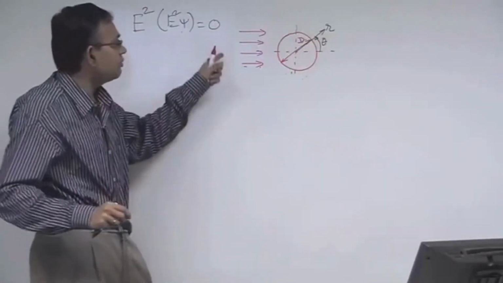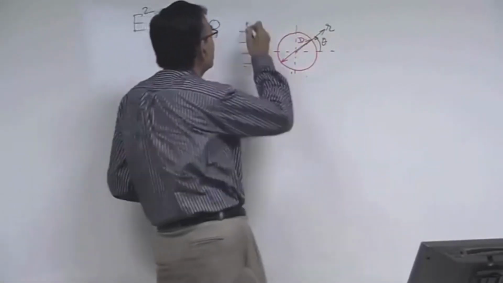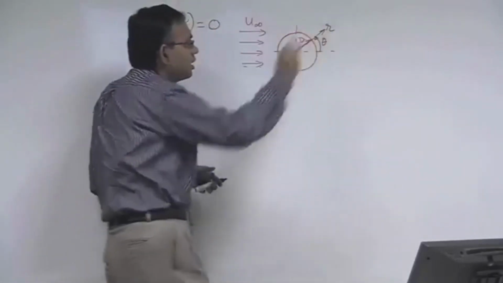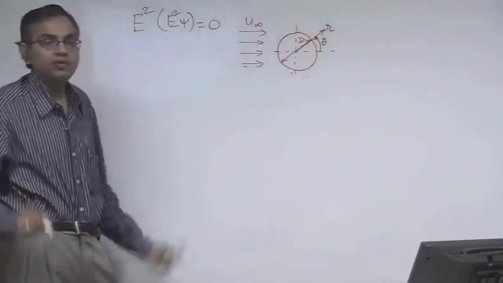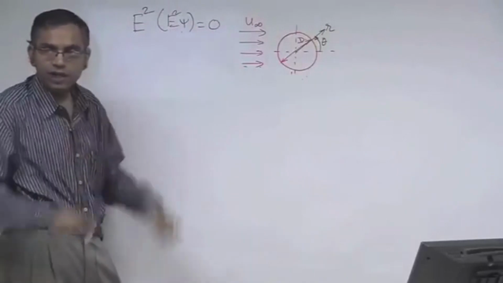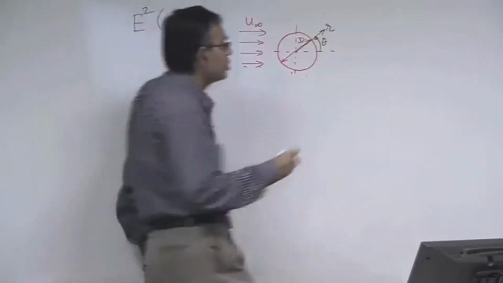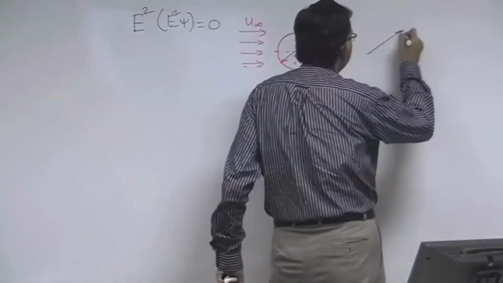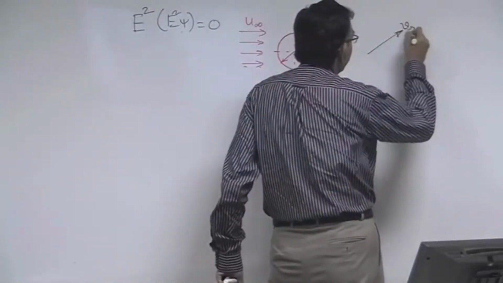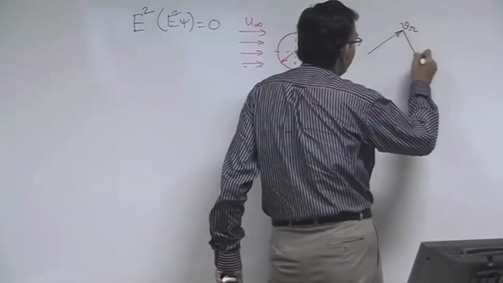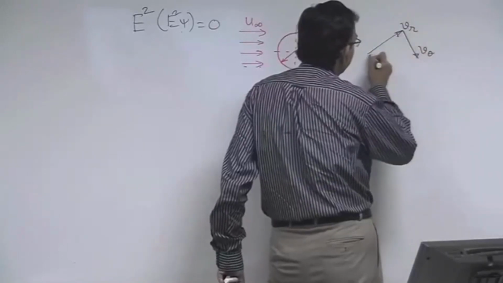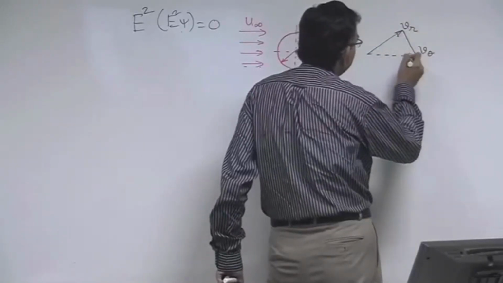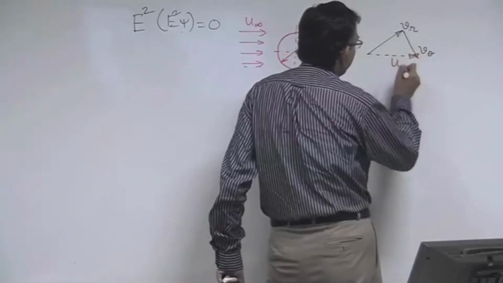So, the velocity field, if this is u infinity, that will again become u infinity far away from the sphere in the downstream. So, if you have this as Vr, then this will be the V theta and this is the resultant which is u infinity.